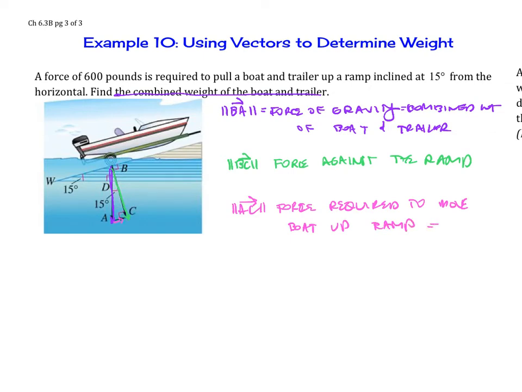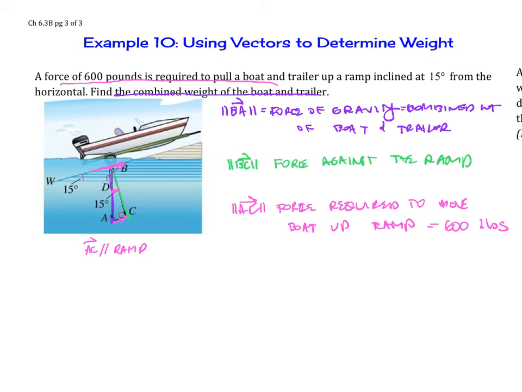We know that the force required to pull the boat up the ramp is 600 pounds. Another thing we know is that AC is parallel to the actual ramp. So we know that the vector AC is parallel to the ramp. And they helped us out by telling us that this angle is 15 degrees here.